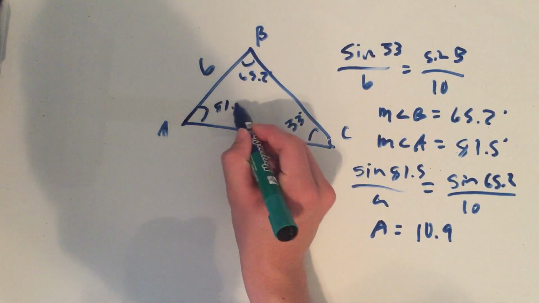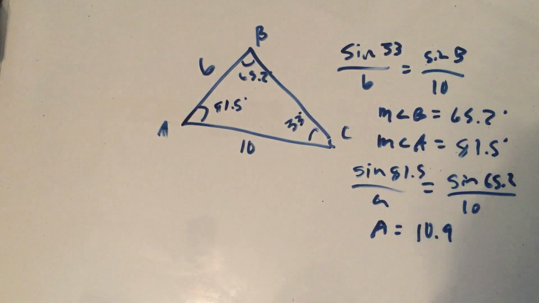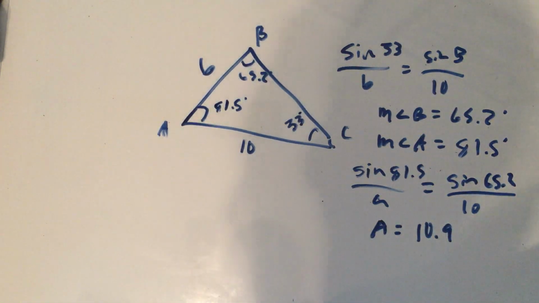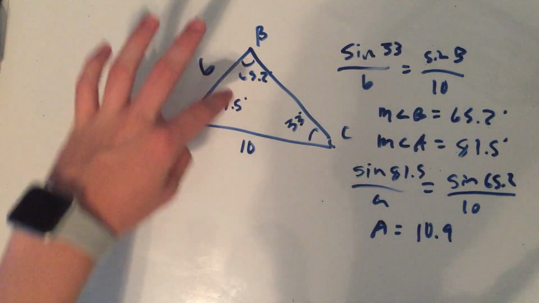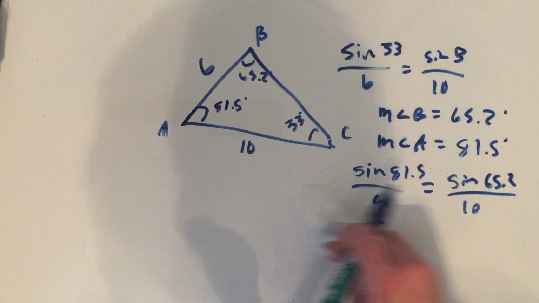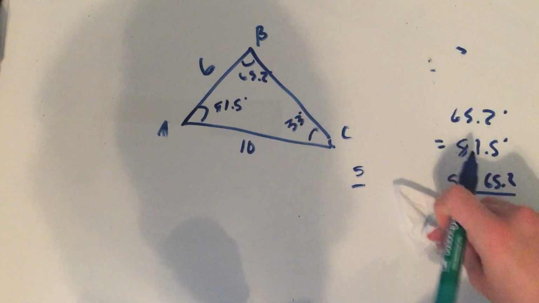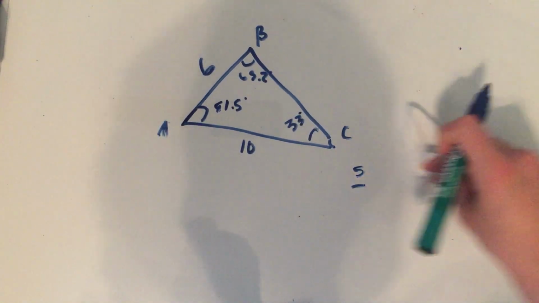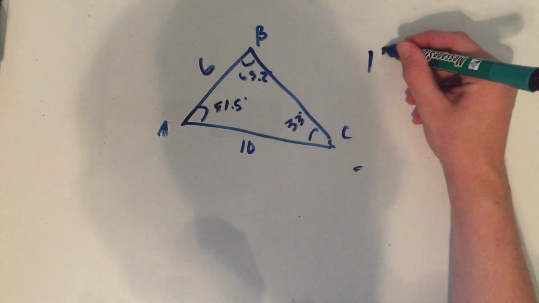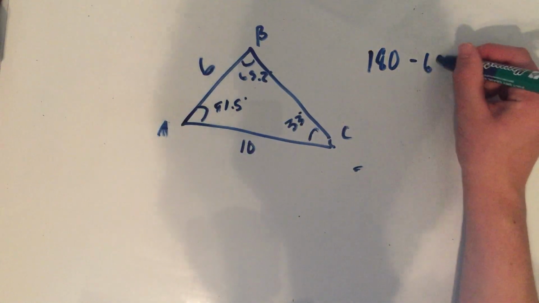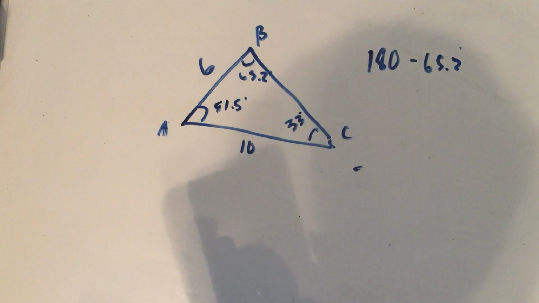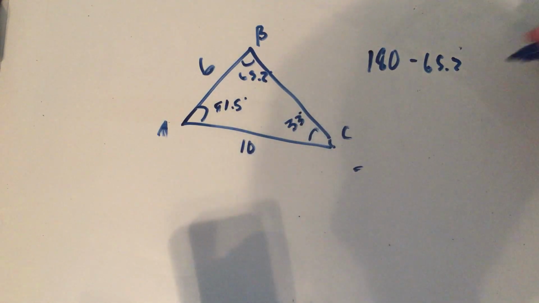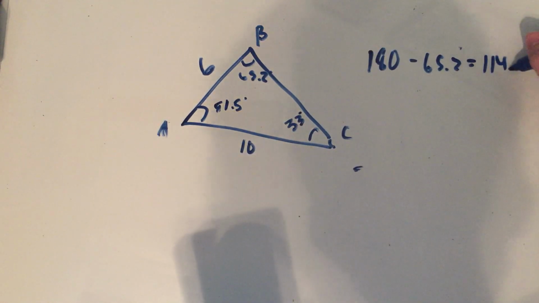So we're just going to fill this in. What I like to do, in order to find how many cases there are, is subtract the smaller of these two angles that we solved for from 180, to see if the angles will match up for the next one. So we're going to take 180 minus 65.2, which equals 114.8.